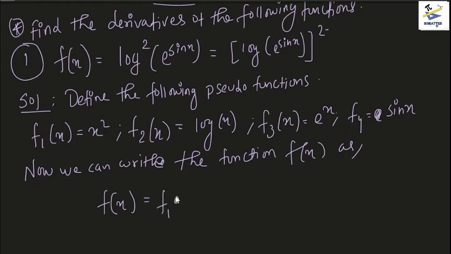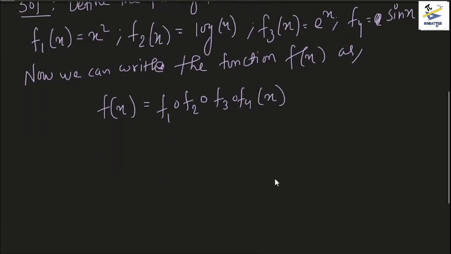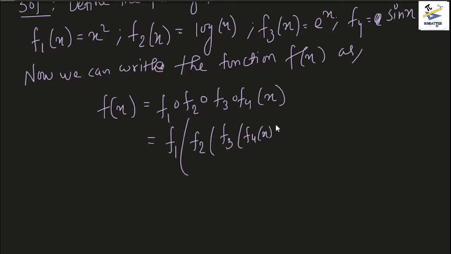So our function is f1 composition f2 composition f3 composition f4 of x. So this is our function. If I were to write it in functional form, it would be f1 of f2 of f3 of f4 of x, closing f3, closing f2, closing f1. So this is the actual function.